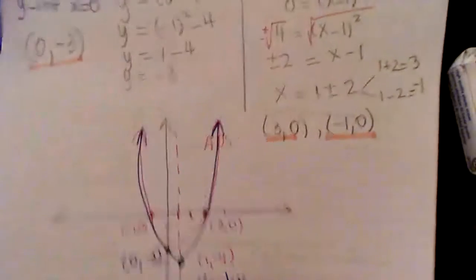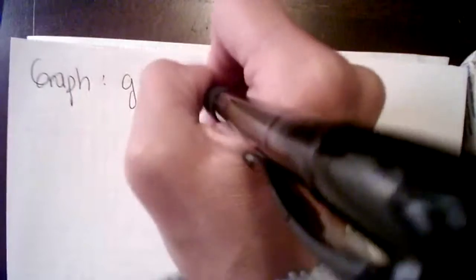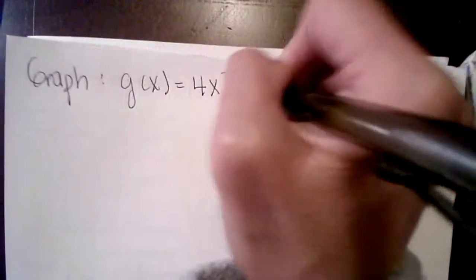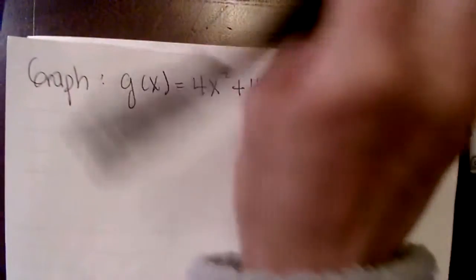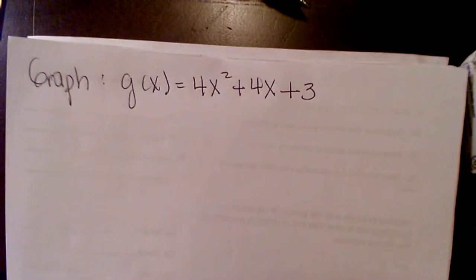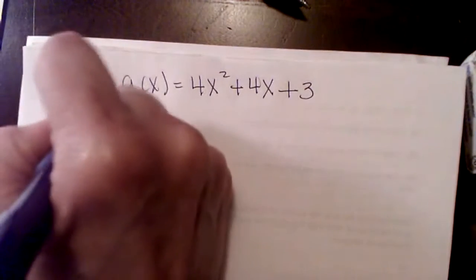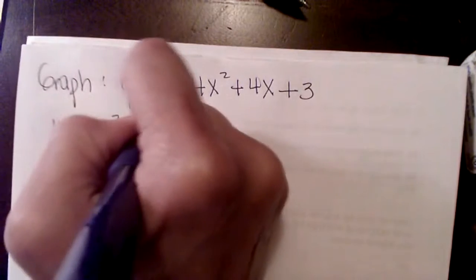Now, here's another one that we could graph. It says graph g of x equals 4x squared plus 4x plus 3. So again, we will complete the square. Y is equal to 4x squared plus 4x plus 3.